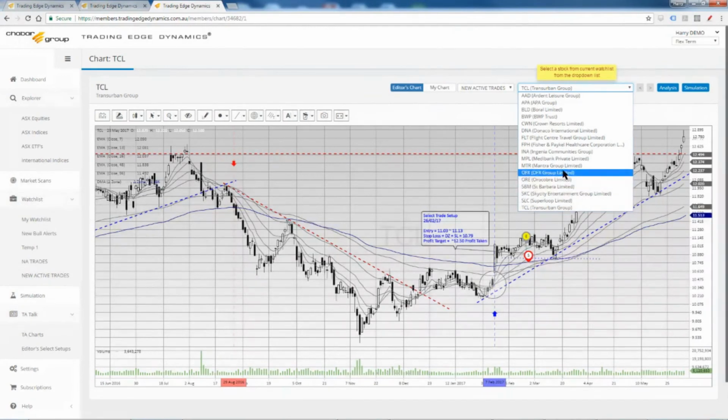And the other one, this is the full list of the current trades. The last one in our list was BLD.